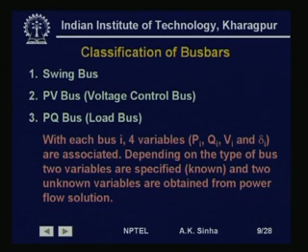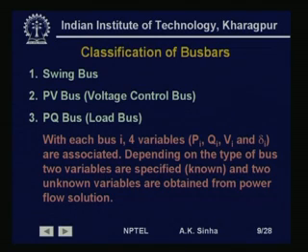Now, depending on the type of bus, 2 variables are specified and 2 variables are not known, and they need to be computed by the load flow or the power flow solution. Now, as I said, swing bus we have V and angle delta both specified. So, the variables which are to be computed are P I and Q I, that is real and reactive power injection.